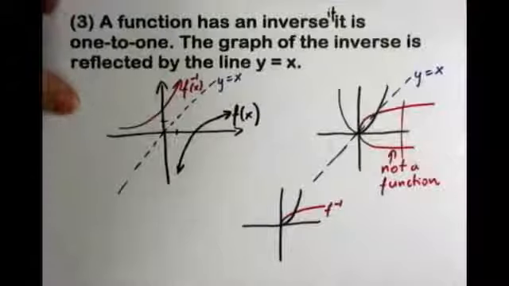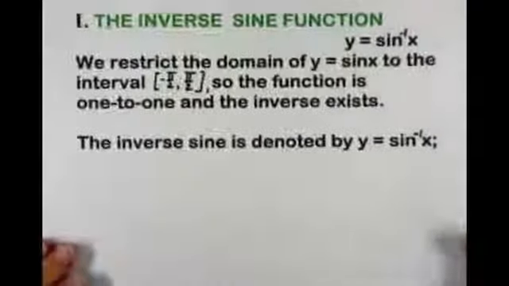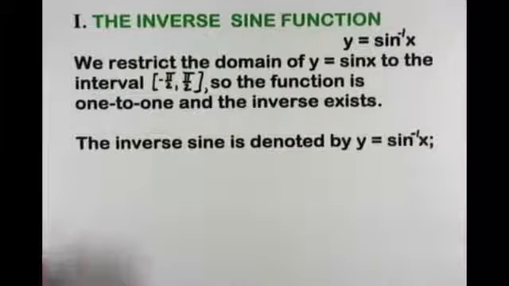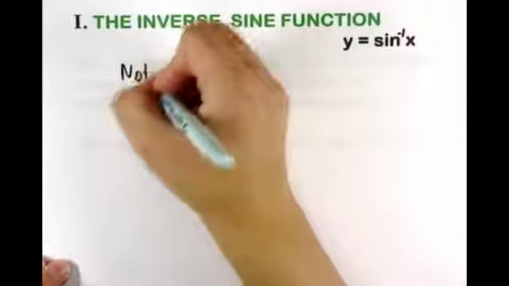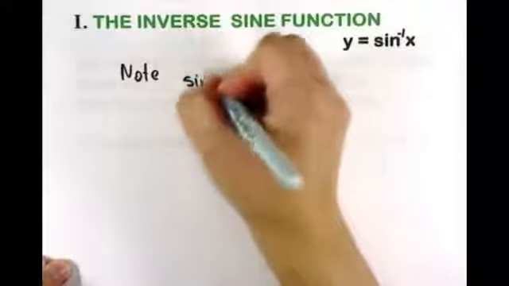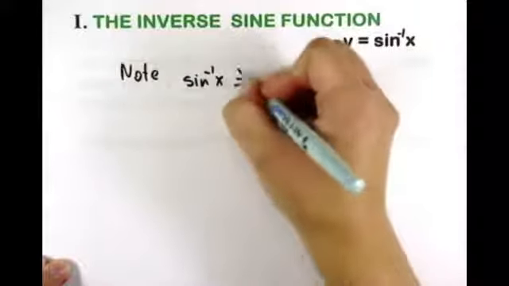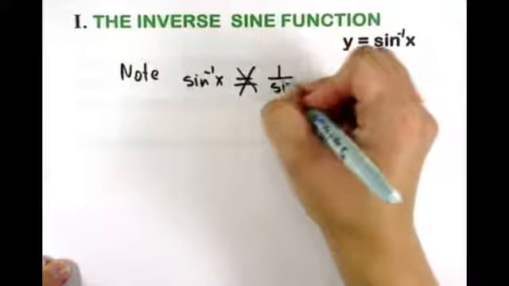So the inverse of the sine function. We know the inverse of the sine function is sine to the minus 1. It does not mean 1 over sine. No, this is not. Sine to the minus 1 is not 1 over sine x.